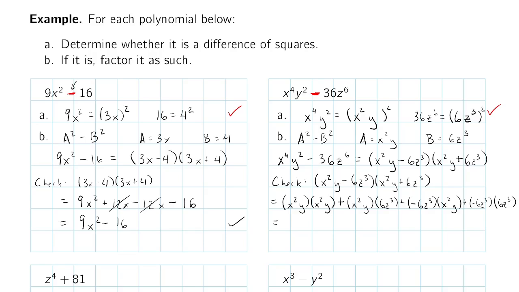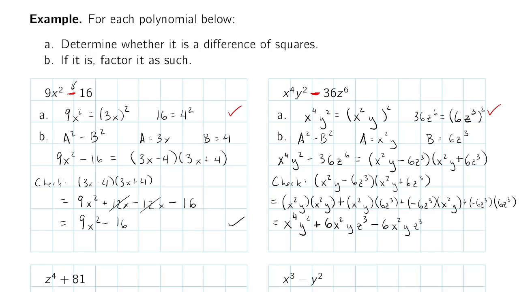Okay, working that out, x squared y times another x squared y. Adding the exponents, we'll have x to the fourth y squared plus, let's see, multiplying these two, we'll have a 6, an x squared, a y, a z to the third. Multiplying the next two, we'll have a negative 6, an x squared, a y, a z to the third.